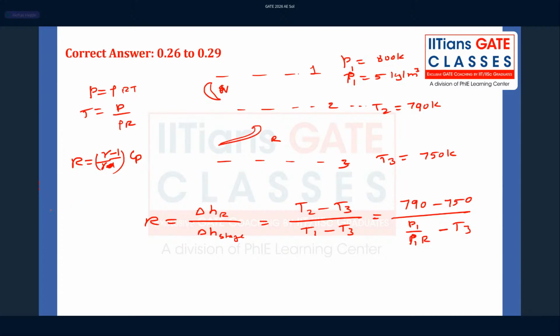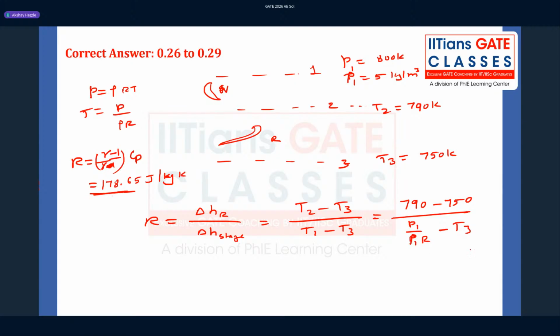Gamma is 1.33, given in the problem, and Cp is given as 720 joules per kg per Kelvin. If you put that in, you should be able to get R, which is equal to 178.65 joules per kg per Kelvin.